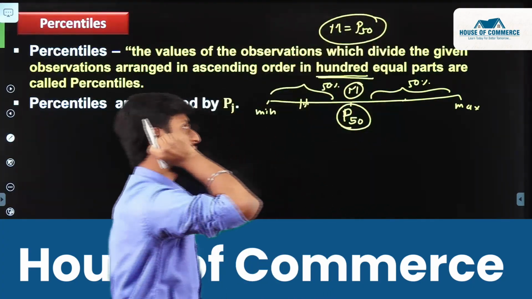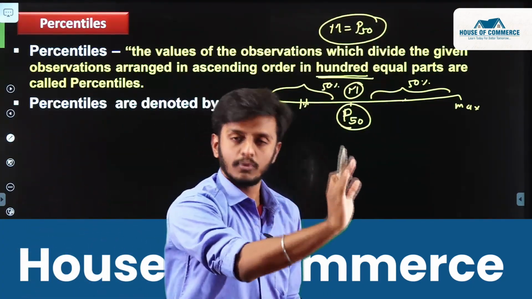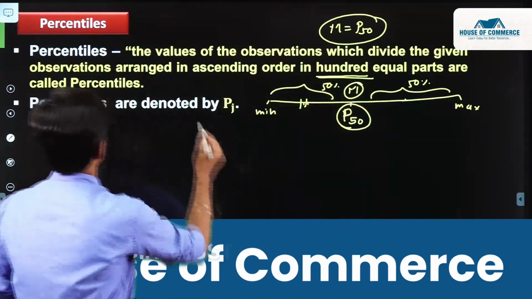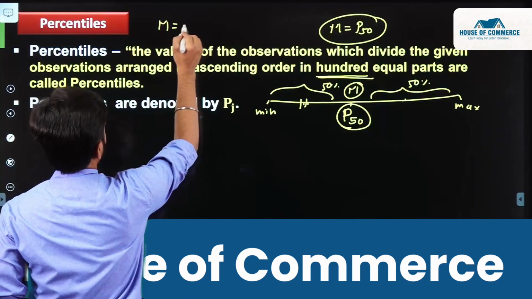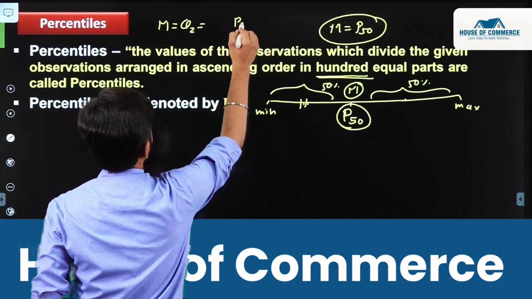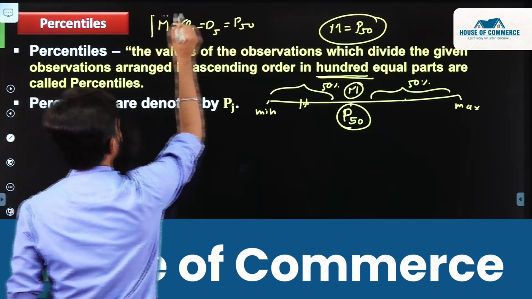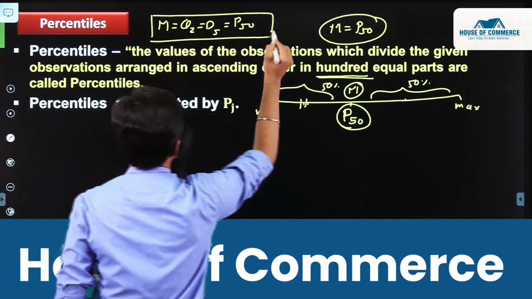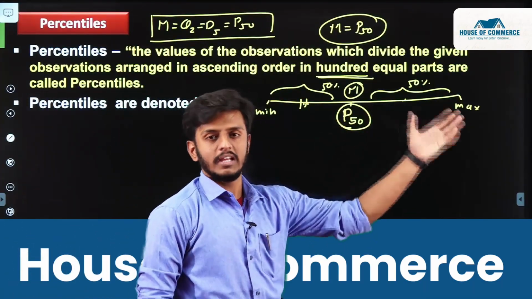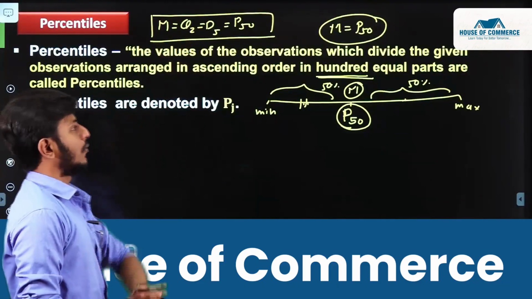That means we can get only one value from the quartiles, from deciles, and from the percentiles which divides all the observations in two equal parts. So we can write M equals Q2 equals P50, and in the deciles it is D5. All these values divide the observations in two equal parts, so the values of P50, D5, Q2 and M will be the same.